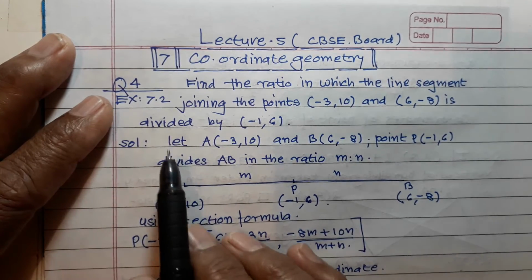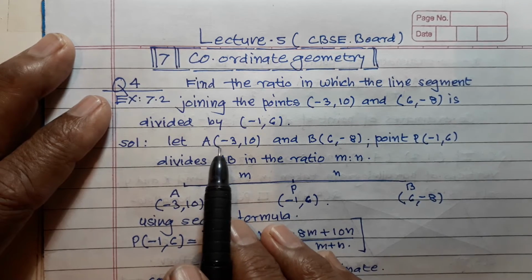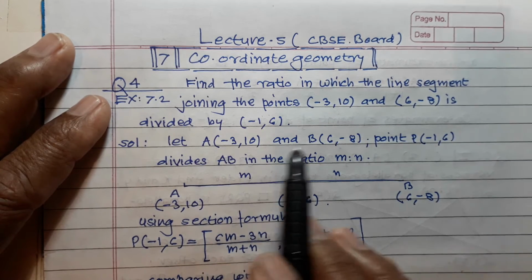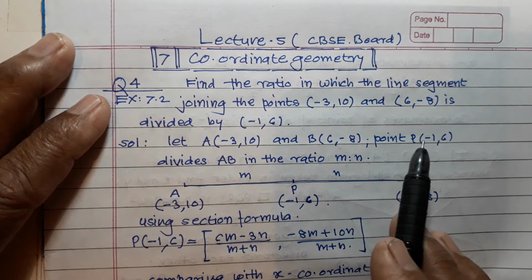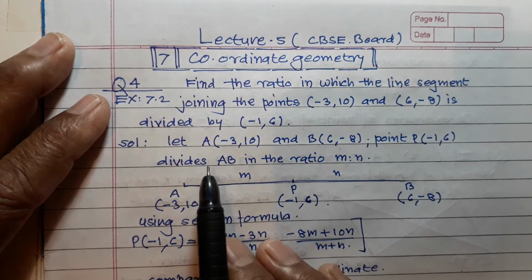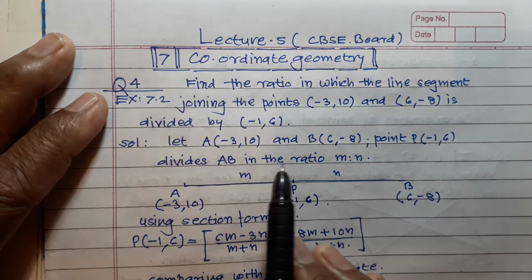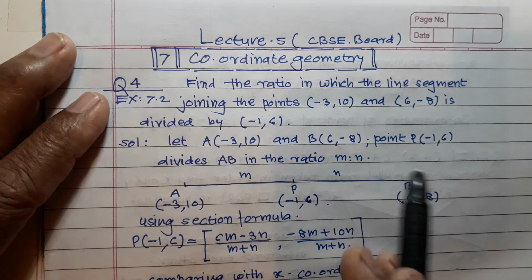Solution. Let A = (-3, 10) and B = (6, -8). Point P (-1, 6) divides segment AB in the ratio m:n.